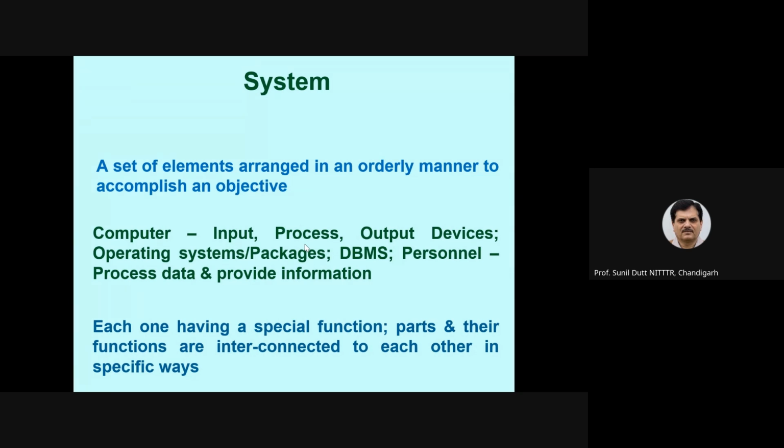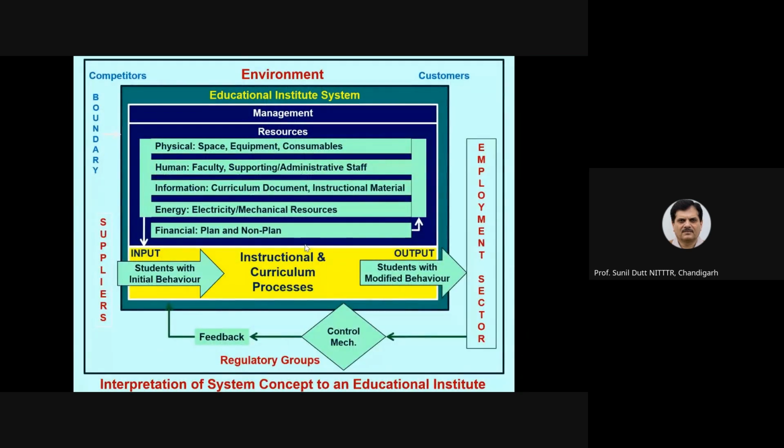So a clear statement of the objective of the system brings a precision, brings an order, into the selection of the elements and their arrangements in the system. And any disorder would create a disturbance in the system, affecting the accomplishment of the objective.